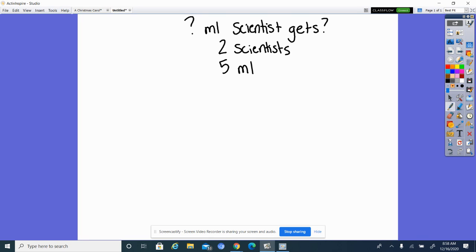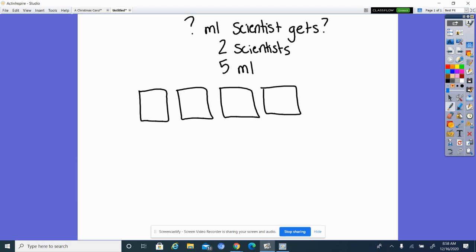So what is the thing that we're going to divide up? The 5 milliliters. So how many boxes am I going to show? 5. 1, 2, 3, 4, 5. Okay. So there's my 5 milliliters. How many am I going to divide these milliliters amongst? The scientists, right?